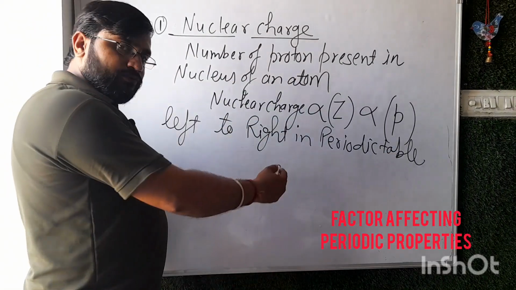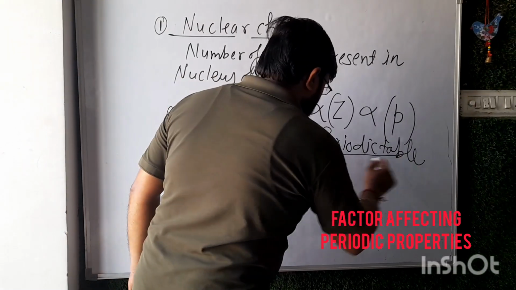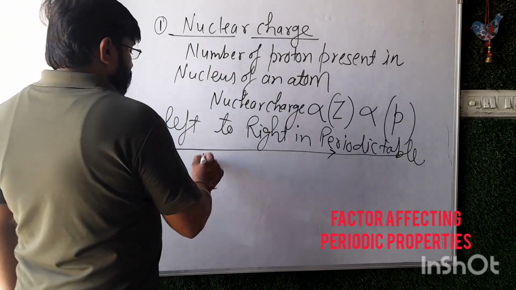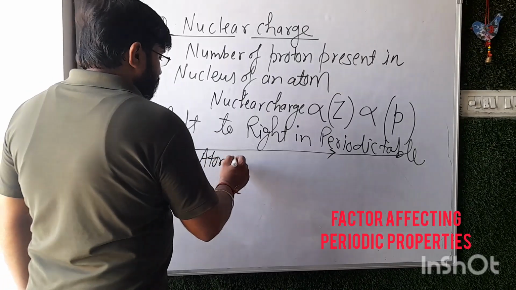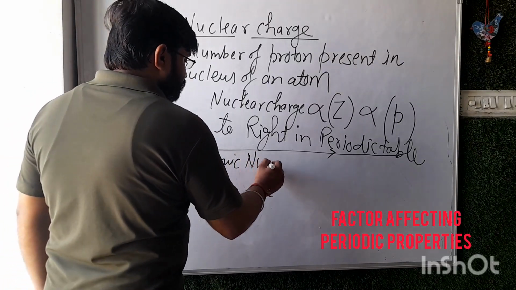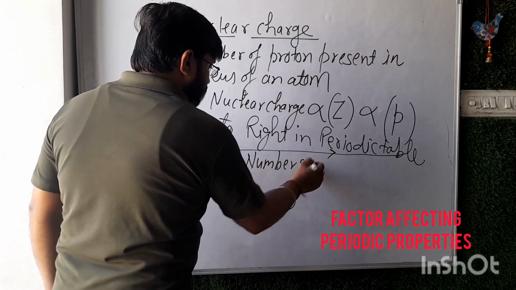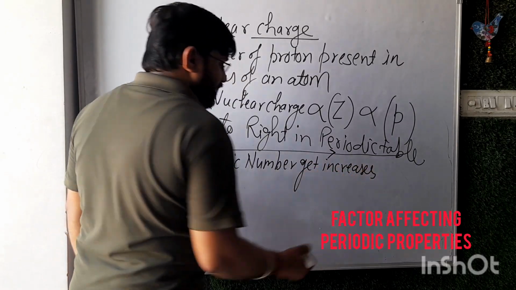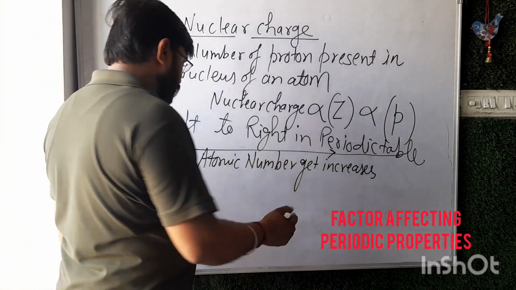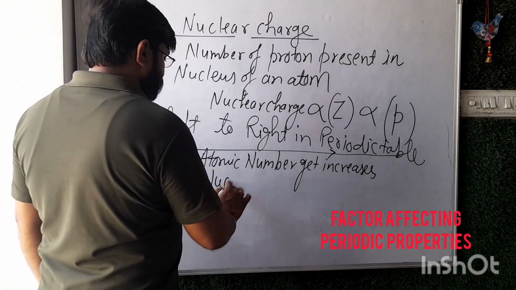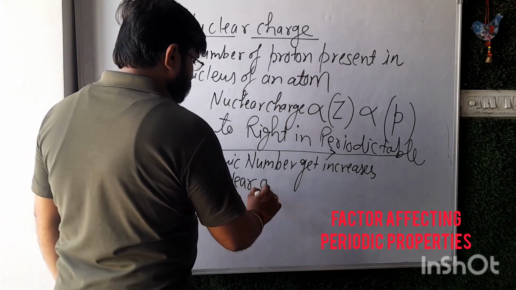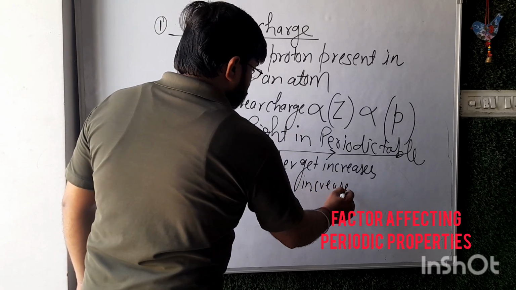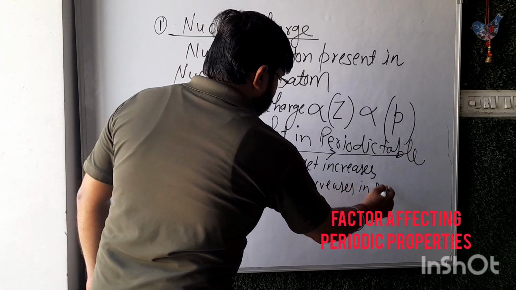As you move from left to right, the atomic number increases. As the atomic number increases, the nuclear charge also increases in the same ratio.